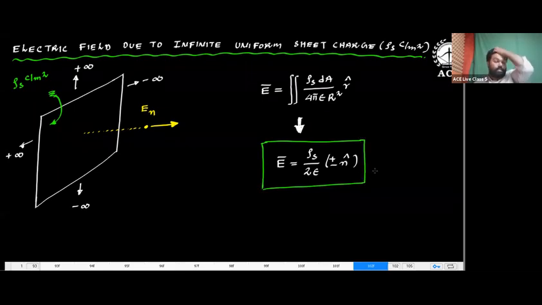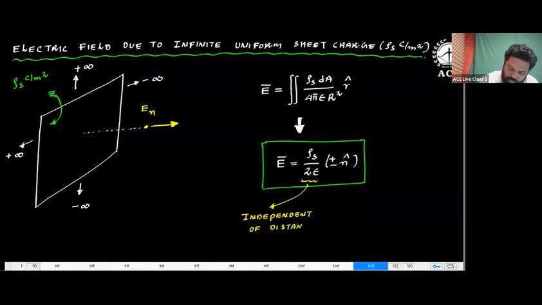This is the electric field. Electric field is normally outwards from the two sides of the sheet, and it is independent of distance. And which direction is it? It is in the normal direction.